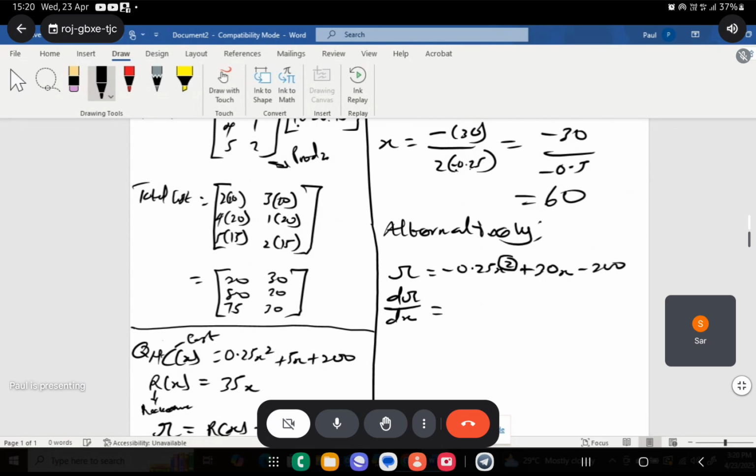This 2, I told you that it will come and multiply, minus 0.5x. Then the 2 will be reduced by 1. Please, you remember. Then the x here has power 1. It will come and multiply 30. That will still give you 30, but the x will reduce by 1. Then the constant, anytime you differentiate the constant, you get 0.